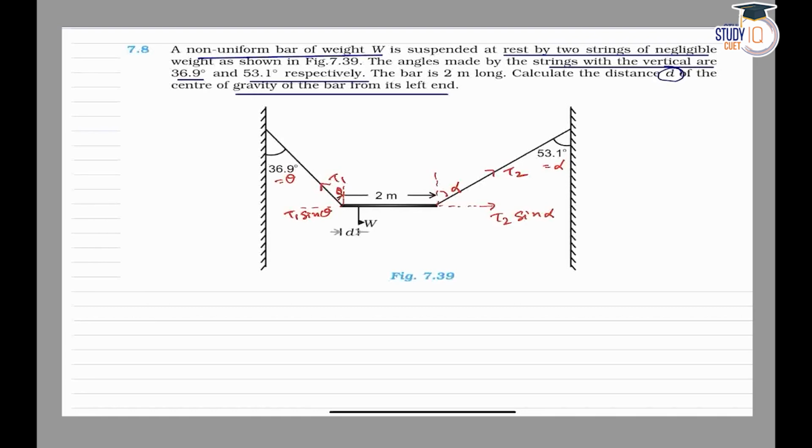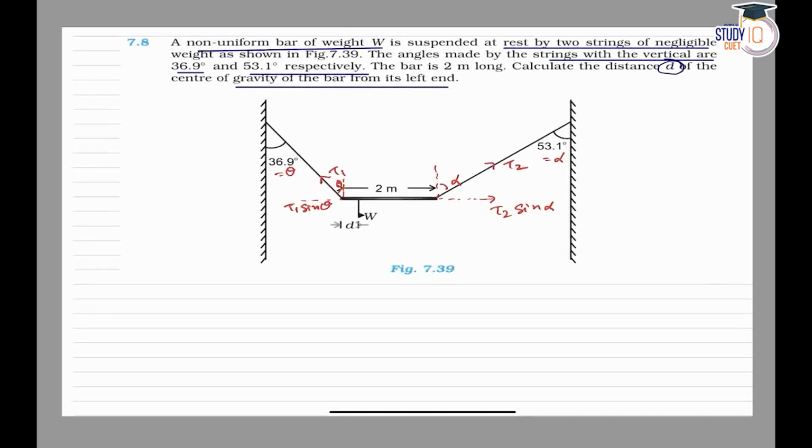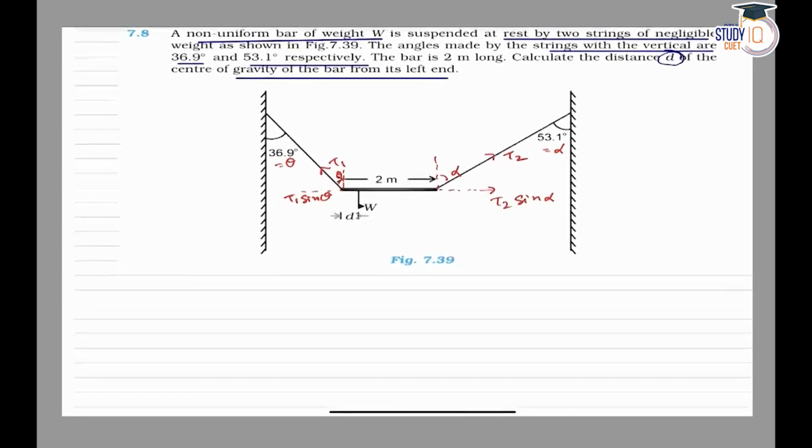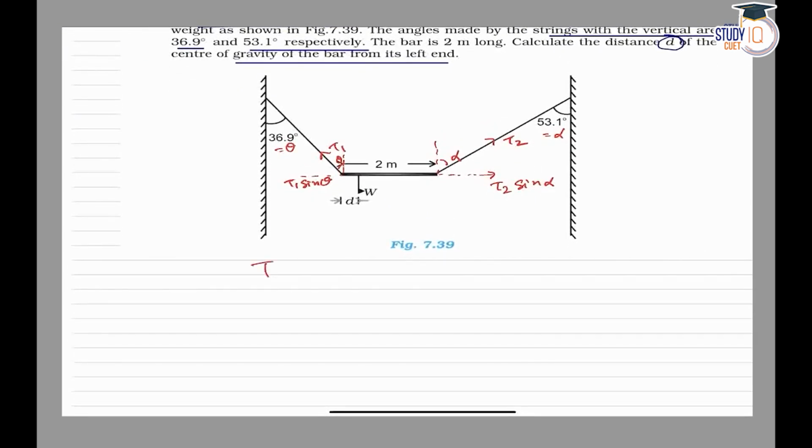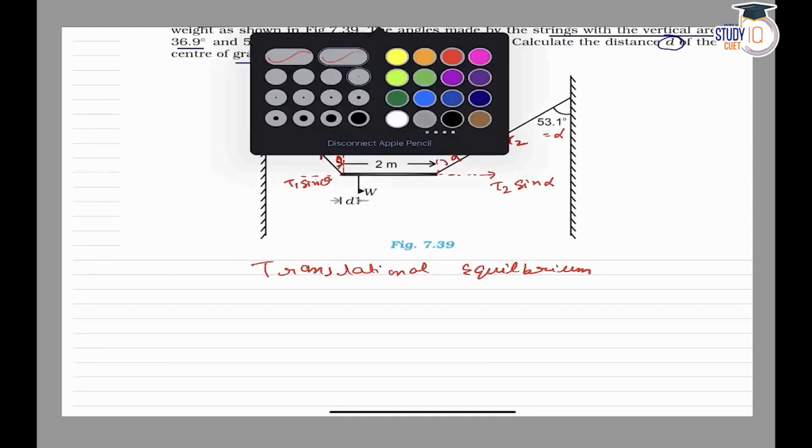Now the system is in equilibrium, so by applying the condition of translational equilibrium, the net force in the x direction must be 0.